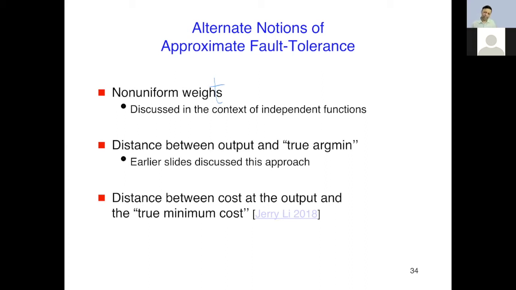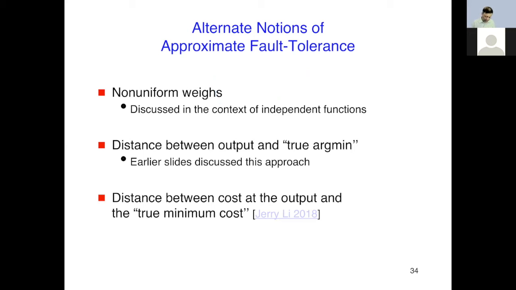Then we said that if the functions are independent, you can't really do that, but you can approximate the uniform weight vector by a non-uniform weight vector, and we can give some properties on the non-uniform weight vector itself. So that's one way to relax the resilience requirement, by allowing for non-uniform weights.